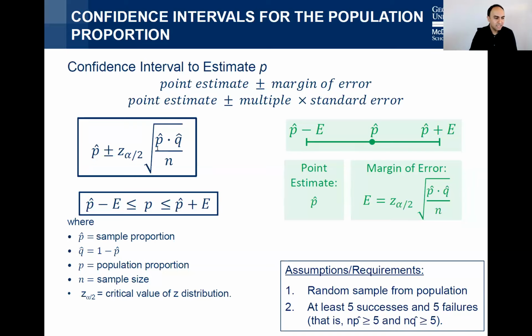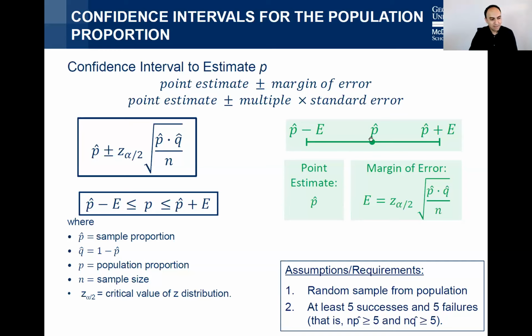What is p hat? The sample proportion. You would say 55% of people said candidate A. So that's going to be 0.55. Then what about q hat? It is 1 minus that. So if this is 0.55, this is going to be 0.45. If this is 0.8, this is going to be 0.2. And n is the sample size.